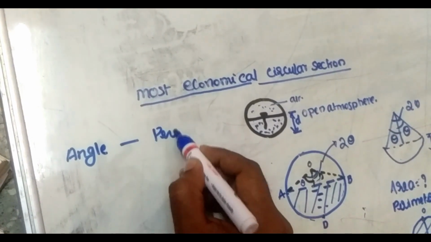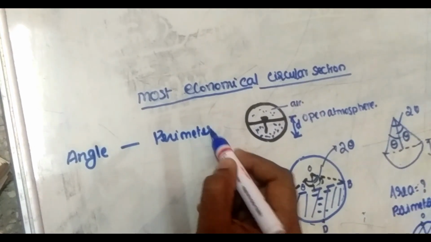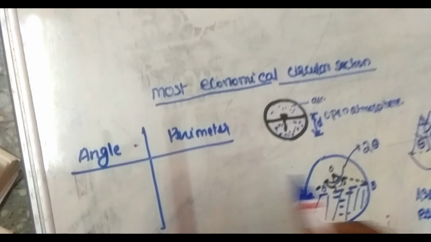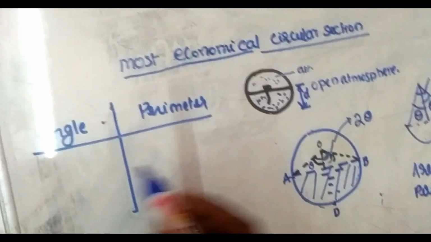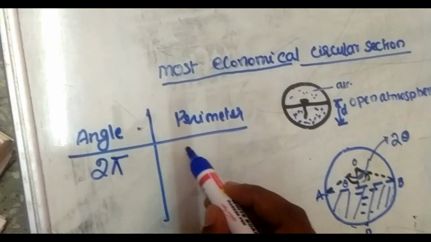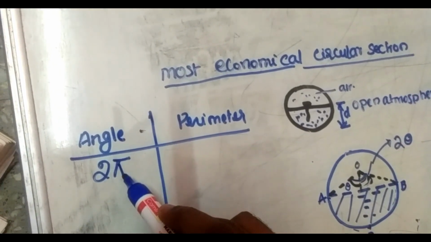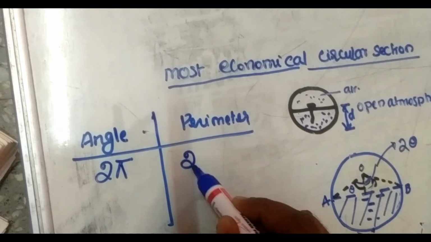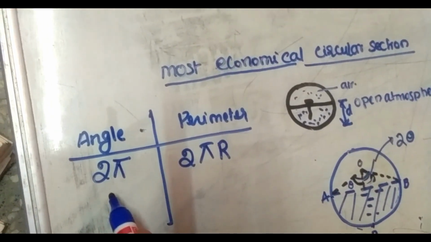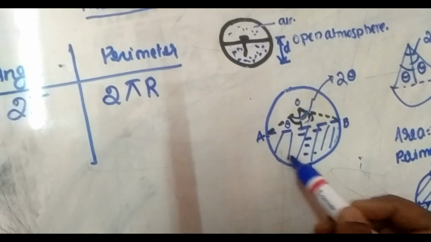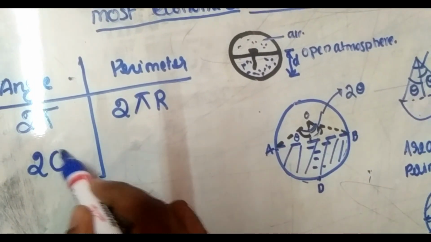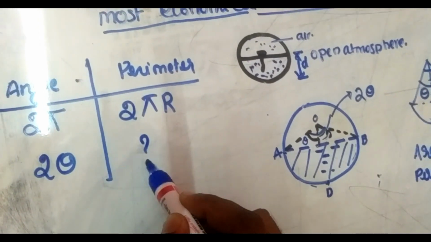I will make a tabular column of angle and perimeter. For the whole circle, the angle is 2 pi and the perimeter is 2 pi r. For this circle, the angle is theta, but we don't know the perimeter.